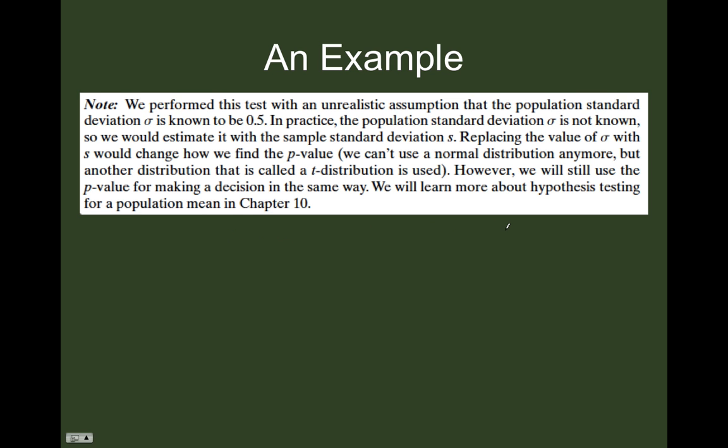Now, a very important note right out of the textbook. We perform this test with an unrealistic assumption: the population standard deviation sigma is known to be 0.5. I didn't notice this, but they're confirming that pounds was a typo because they're saying sigma is 0.5.